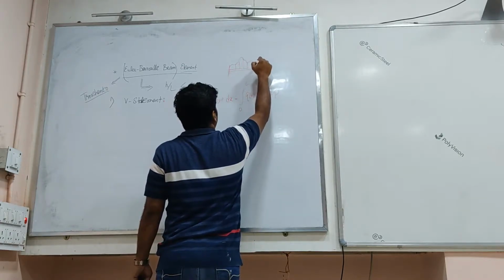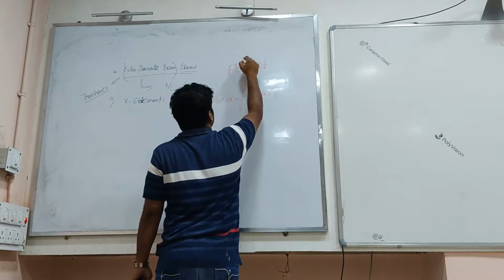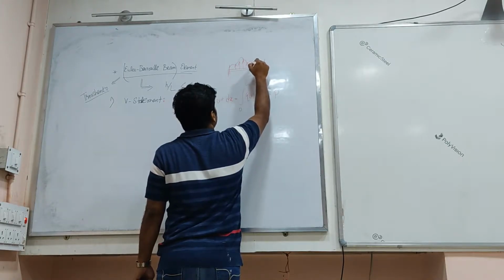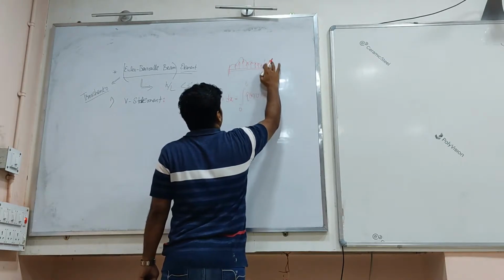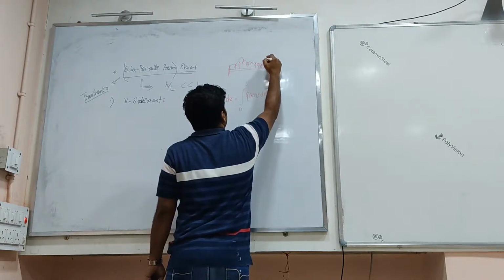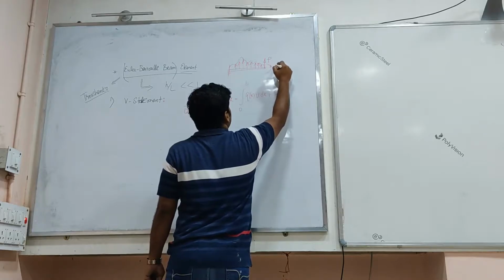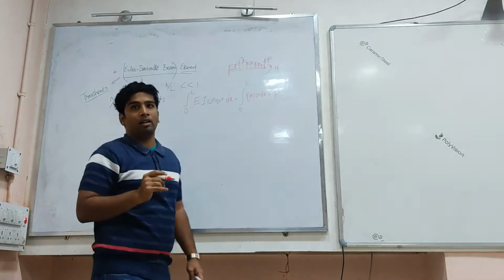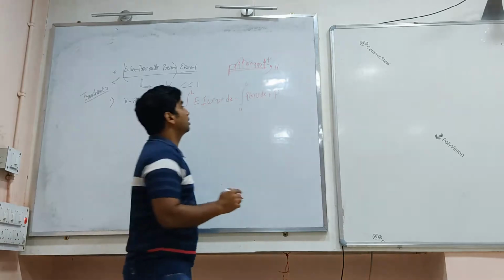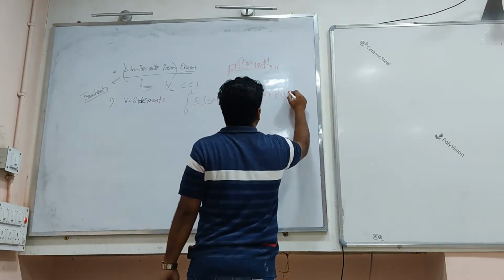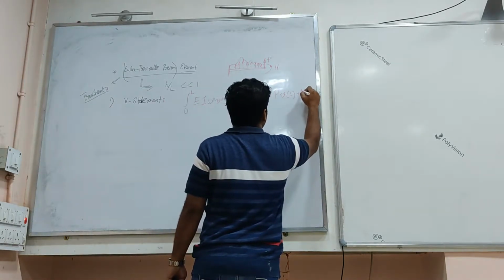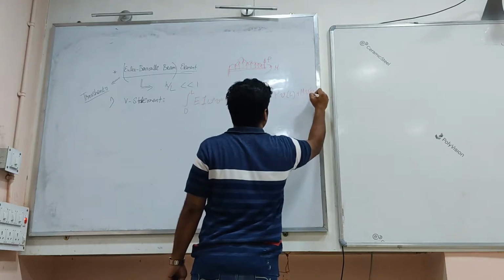By the way, I'm still using the typical sign conventions of strength of materials. These are all positive quantities. So P times V at L plus M times V prime at L.